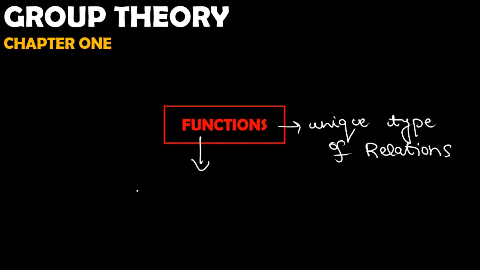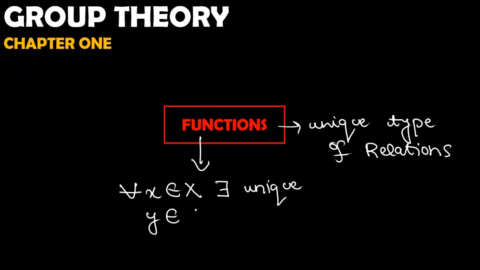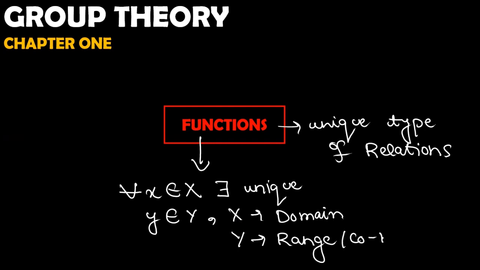Remember that in a function, for all x belonging to X, there exists a unique y belonging to Y. Always remember that X is the domain of a function, while Y is the range or codomain of the function.